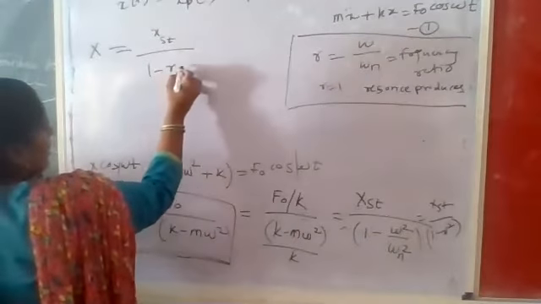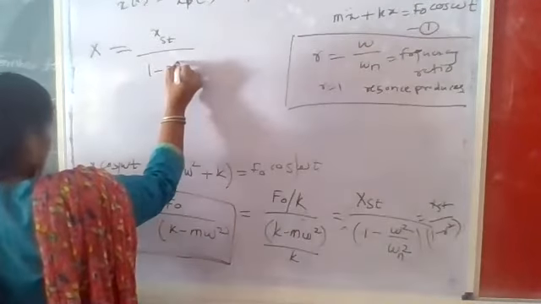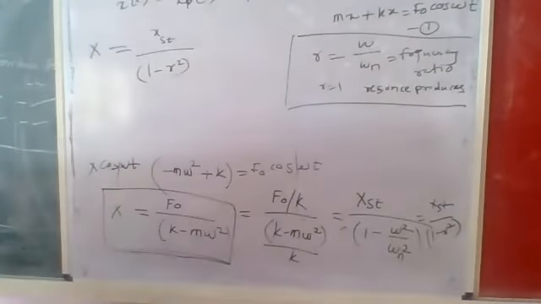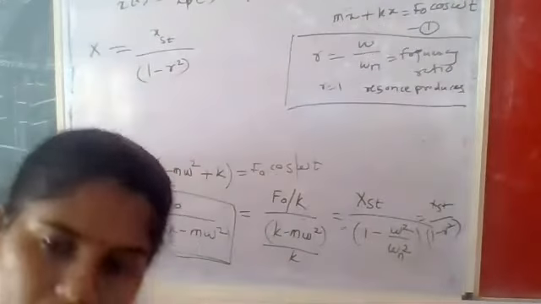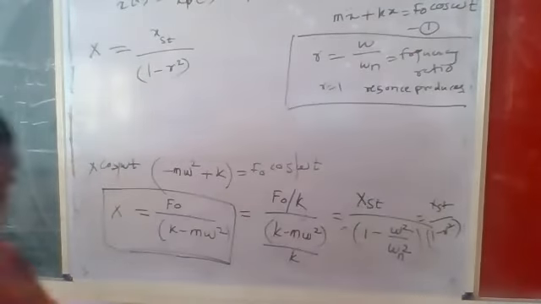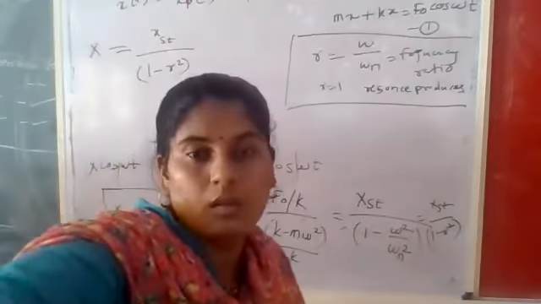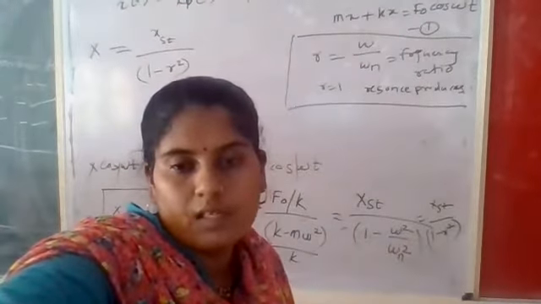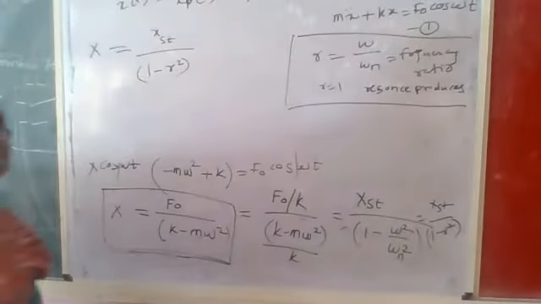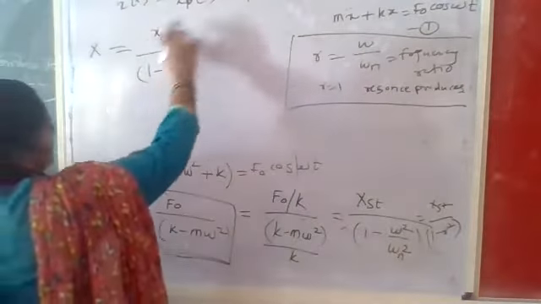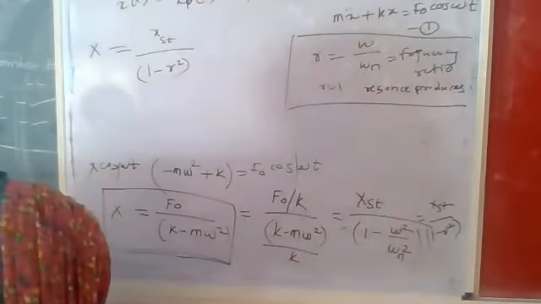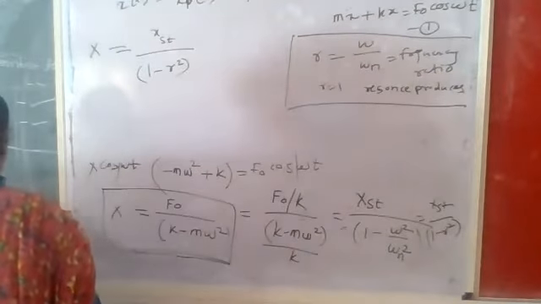So 1 minus r square. That is the value of x. And if we put this value of x in terms of this, what will happen? You can see here. Put this value in terms of the above.